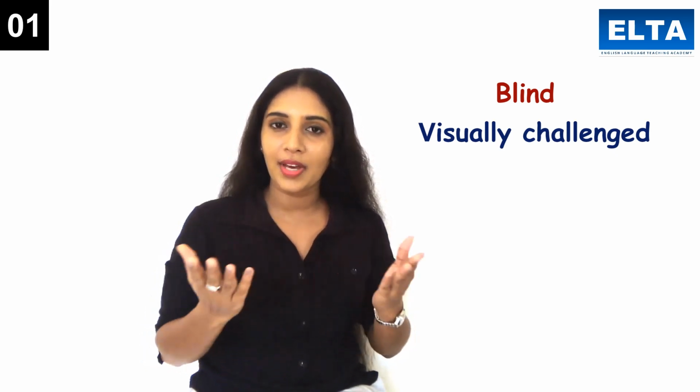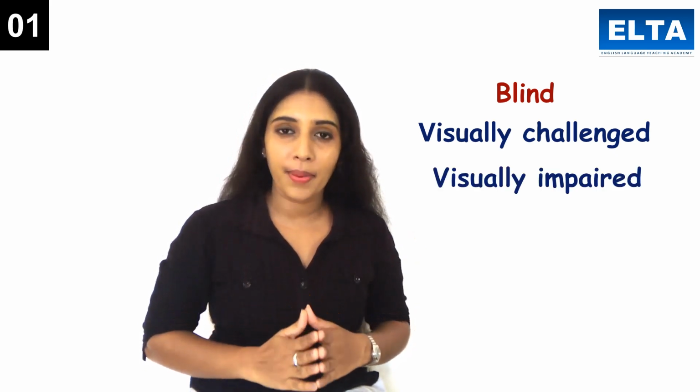Well, referring to a person who cannot see, you can use the word blind. And there's nothing wrong in using this word. But at times, you might feel really uncomfortable to use this word, especially in front of the referred person. In such cases, you have a good alternative, visually challenged, or you can even use visually impaired.